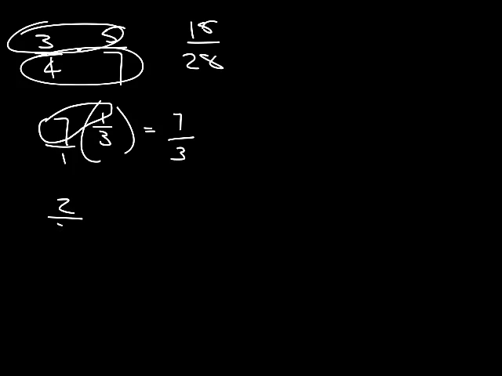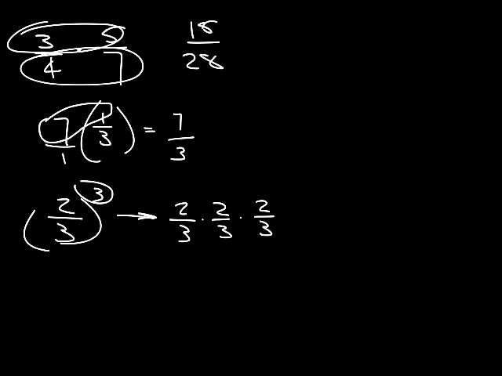When we have something like 2/3 and we're cubing it, remember cube means that we're going to take the number times itself 3 times. So what's 2 times 2 times 2? It's 8. What's 3 times 3 times 3? 27. And we're done. Okay, so that's multiplication.